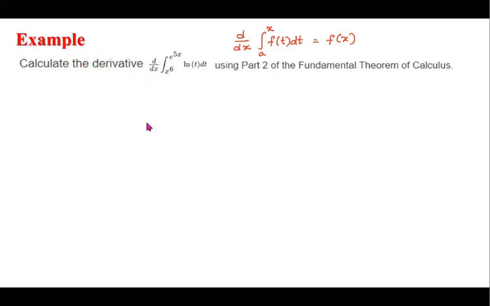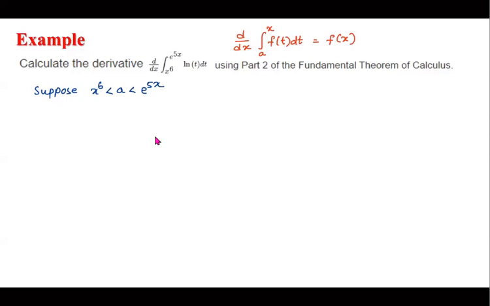What I'm going to do is consider a number a between x to the 6 and e to the 5x. Suppose between x to the 6 and e to the 5x, there is a.